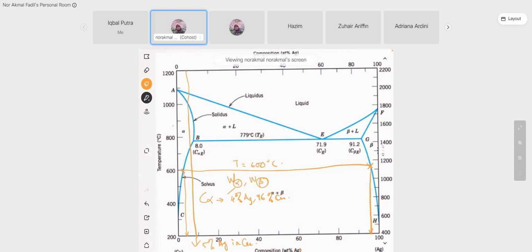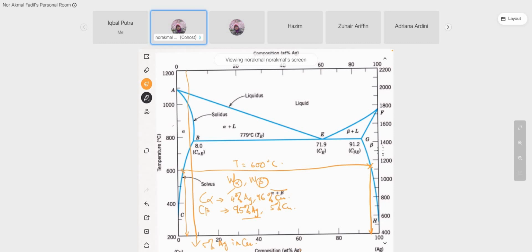The concentration of beta is 95% silver and 5% copper. So the concentration for both phases is different. One majority contains copper, another majority contains silver. So the dominance of silver and the dominance of copper shows that these phases at this temperature have different properties, dominated by the main composition of that particular phase.